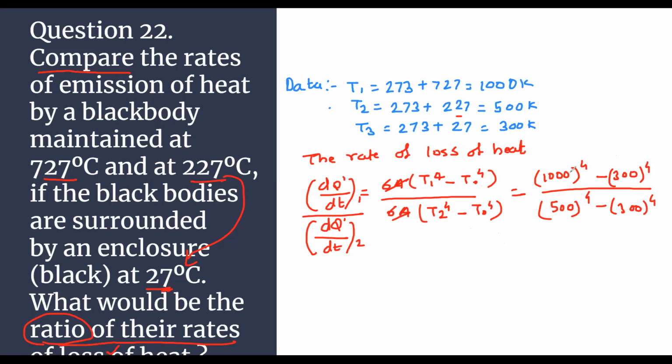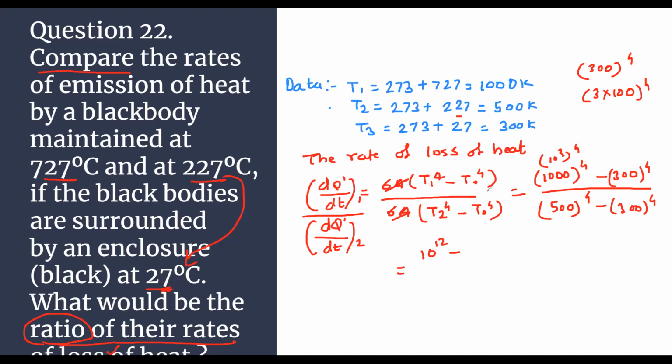Now 1000 is nothing but 10 raised to 3, so raised to 4 it is 10 raised to 12. 300 raised to 4 I can write as 3 into 100 raised to 4.